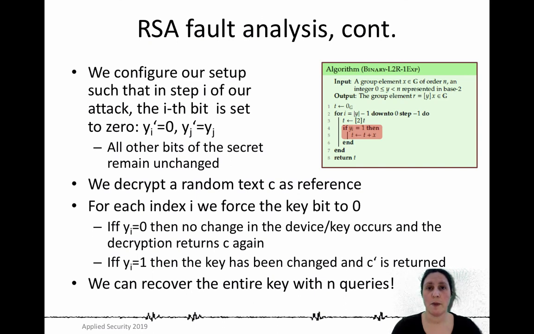Again, we make it stuck at 0, and then we observe the resulting message. If it is the same as the reference decryption, then we know the bit must have been 0 anyway, and otherwise we know it's 1, and hence we've learned the next bit. And so we go through the secret exponent bit by bit and recover that exponent. Hence we can recover the entire key with just log of the exponent queries.